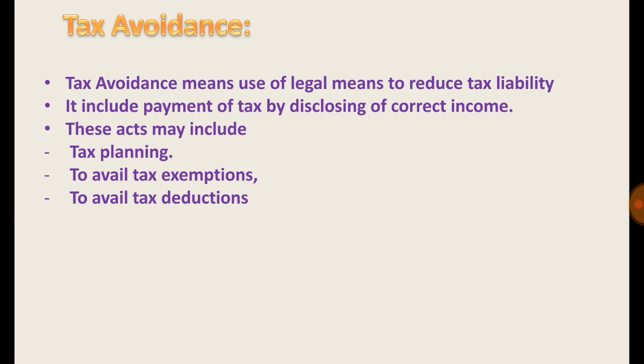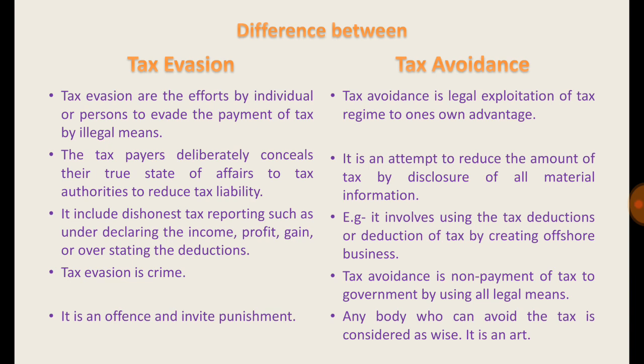Therefore, tax evasion is an illegal thing, whereas tax avoidance is a legal thing. Now we must see what the difference between these two concepts is. Firstly, tax evasion means the efforts made by an individual to evade payment of tax by illegal means.